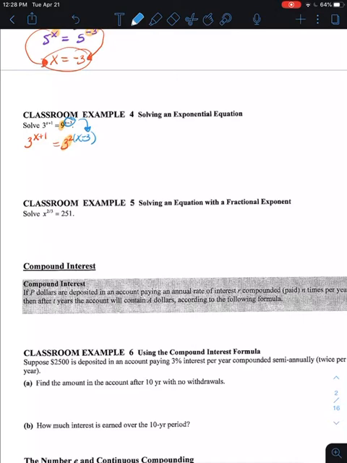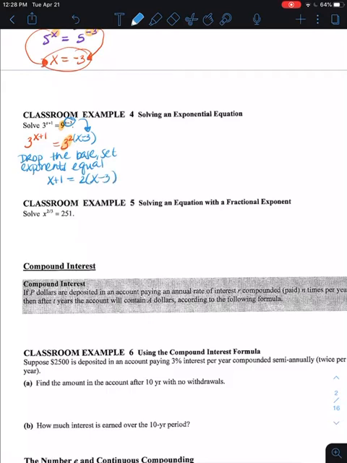So now that I have a base of 3 on both sides, all I need to do is drop the base and set exponents equal to each other. So at this point, I have x plus 1 equals 2 parentheses x minus 3.